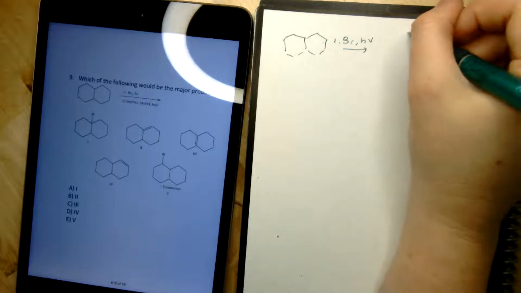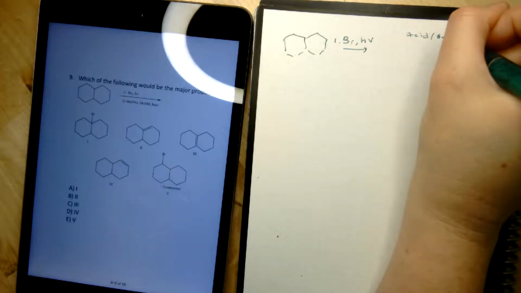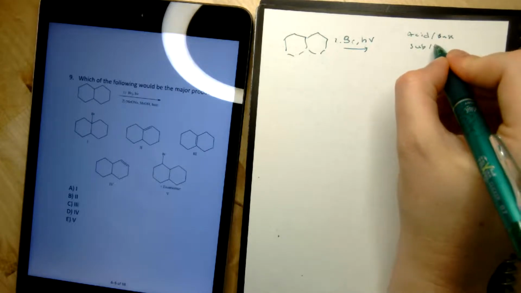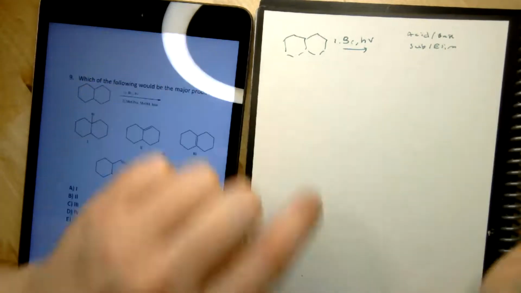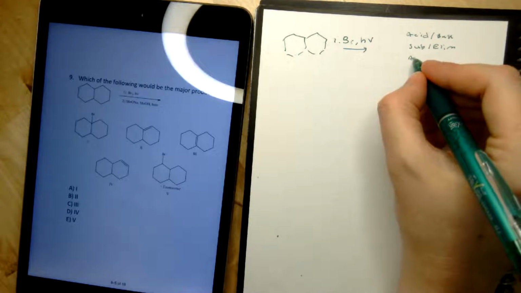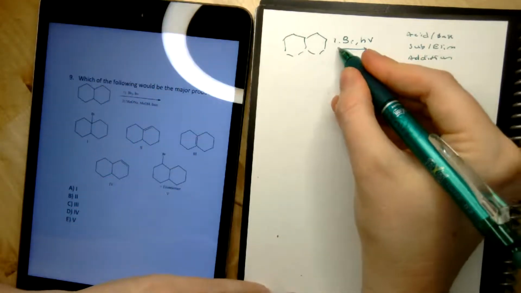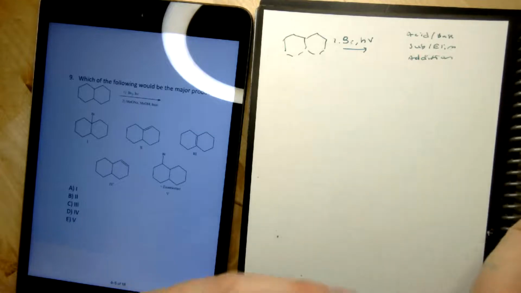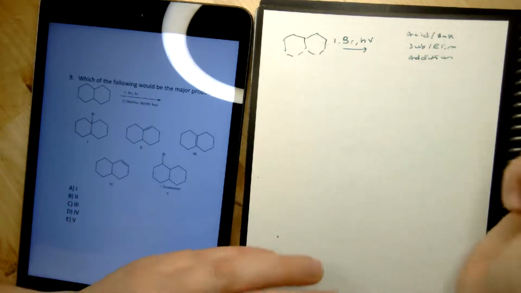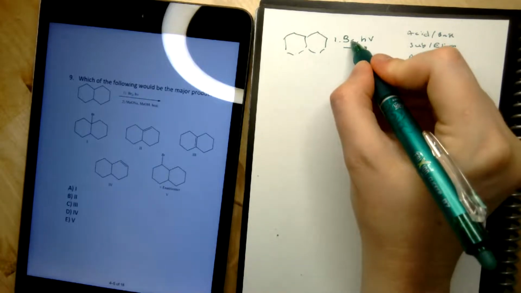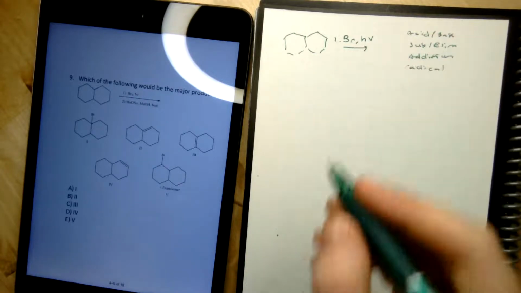We've only learned a few: acid base, and there's nothing like that you can see. There's substitution or elimination. There's not a good leaving group on here, so it's not that. And then addition reactions, well, there's not a double bond to add to, so it can't be that. And you would need a good solvent for this to add on, and not a radical initiator. So the last one it could possibly be is a radical reaction, and hν is a radical initiator.